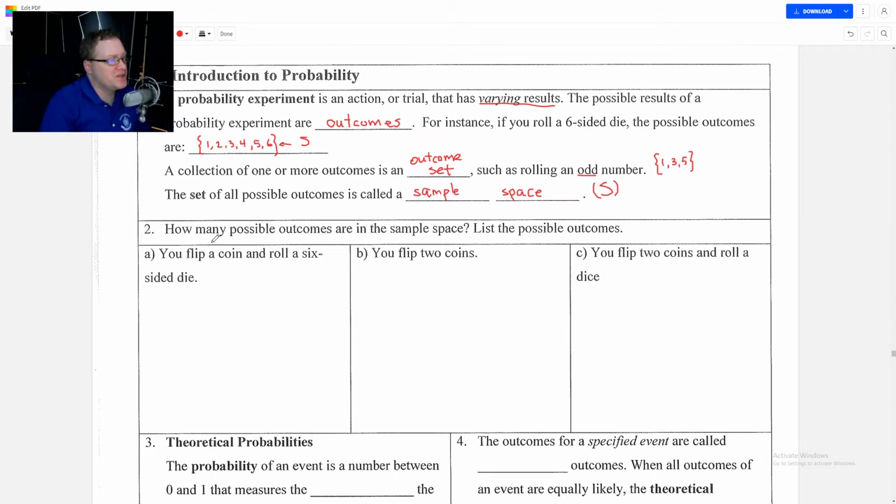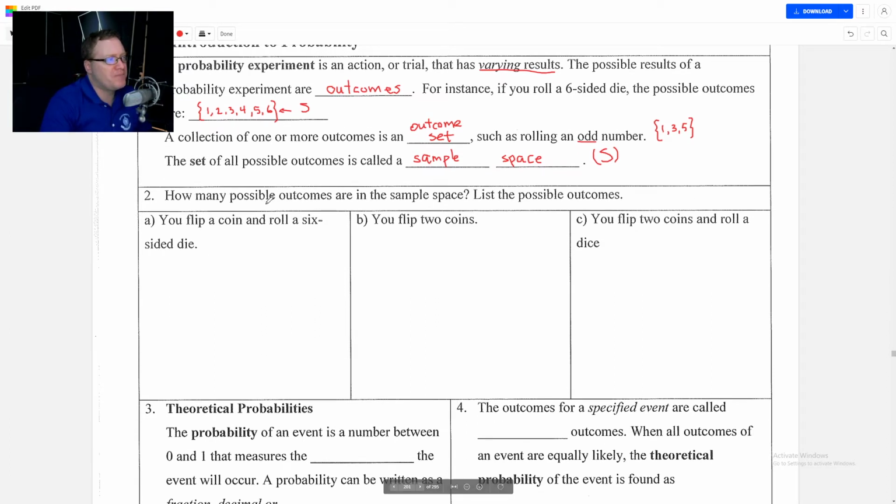Okay, so let's go through some examples. How many possible outcomes are in the sample space? First of all, we have one here. We are going to flip a coin. And when we flip a coin, there are 2 possible results.